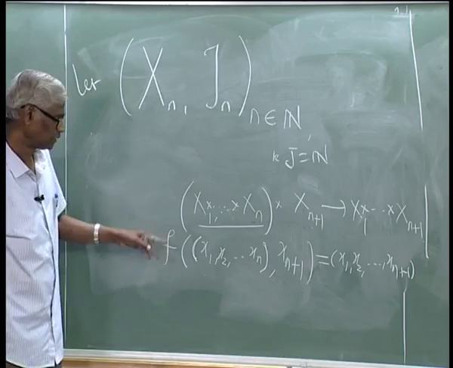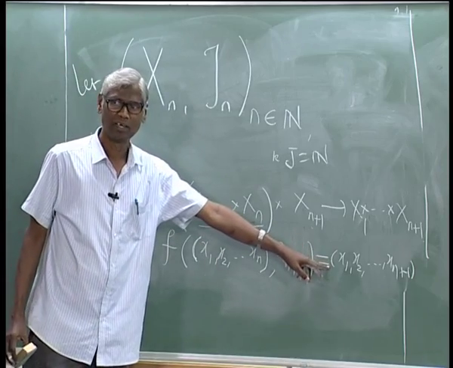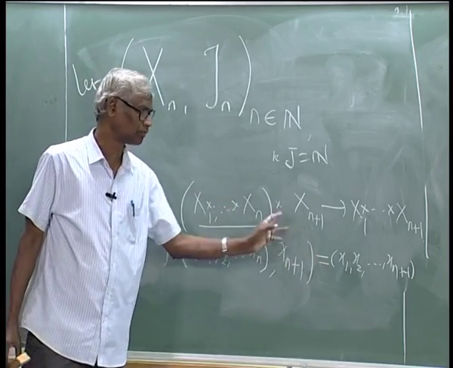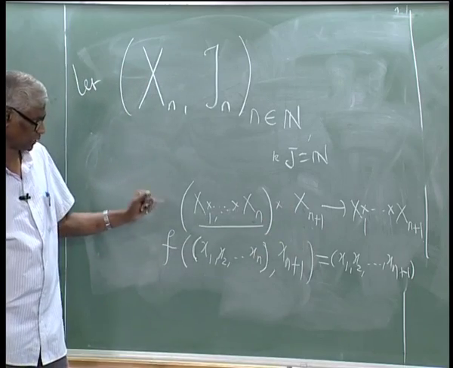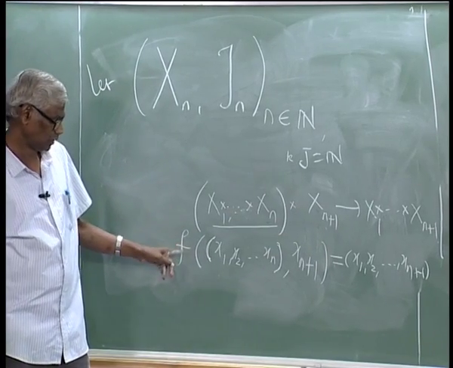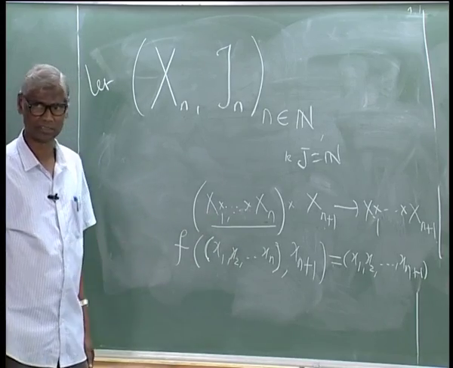You can prove that this is a continuous function, it is onto, in fact it is a homeomorphism: one-one, onto, f is continuous and the inverse is continuous.